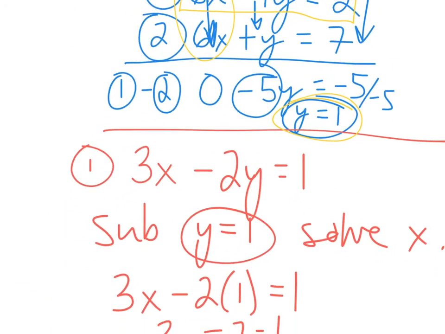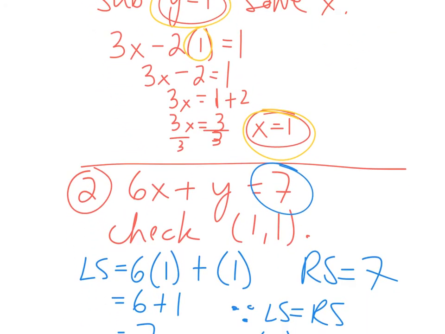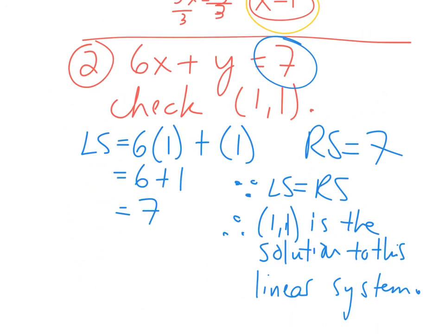Then we took that y value and subbed it back in to determine the x value. We did that in equation 1, so we checked the solution with equation 2, and we found that the left side equaled the right side. So therefore, 1 comma 1 is the solution to the system.